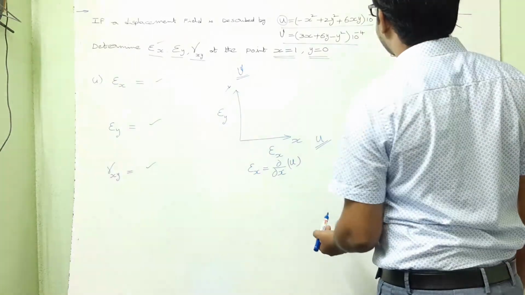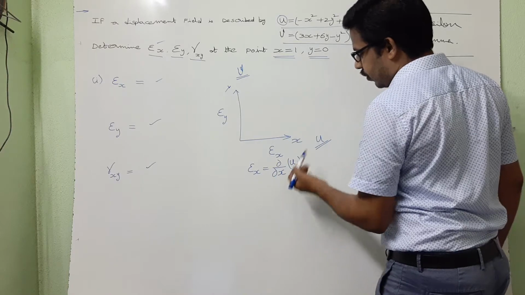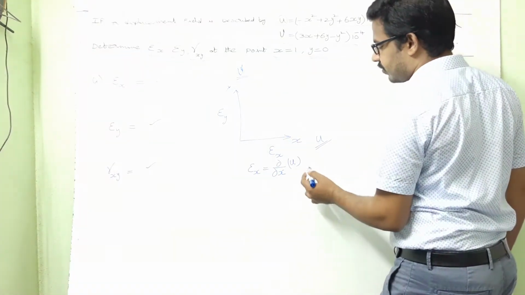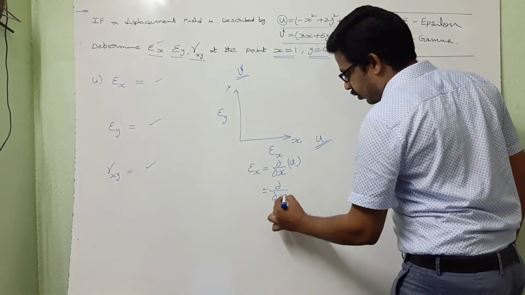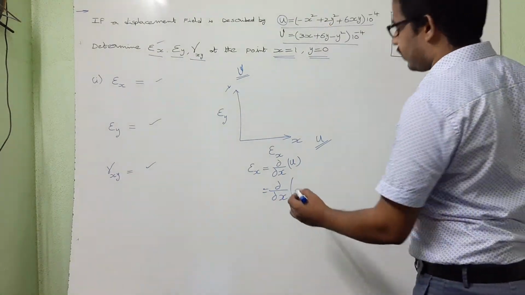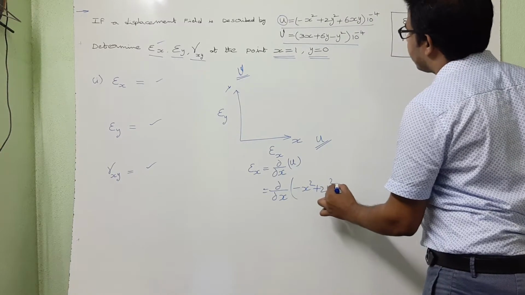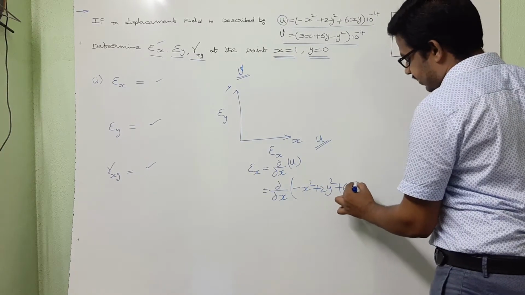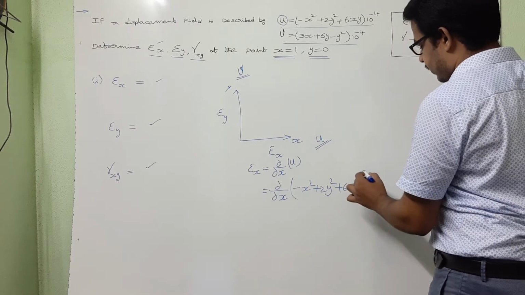So here epsilon x is equal to dou by dou x into u. So what is the u value? U value is equal to dou by dou x of minus x square plus 2y square plus 6xy into 10 power minus 4.